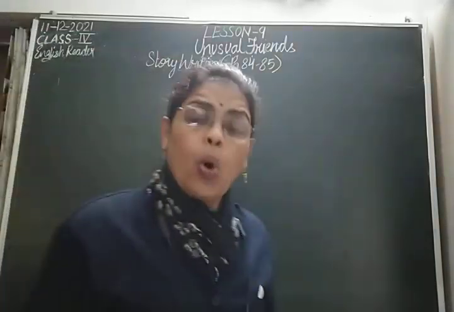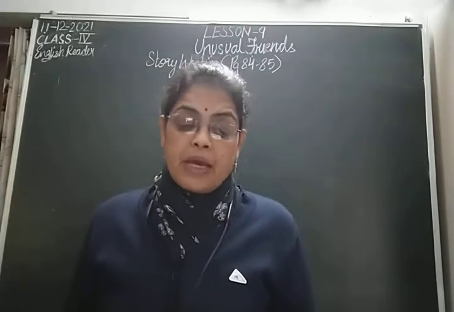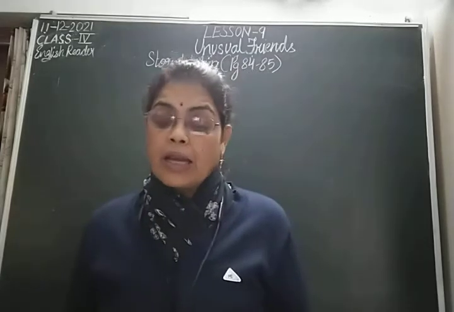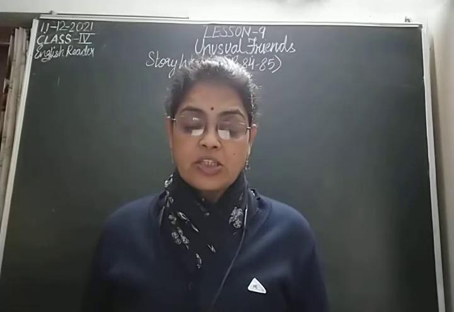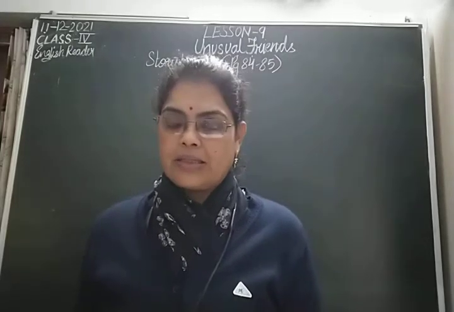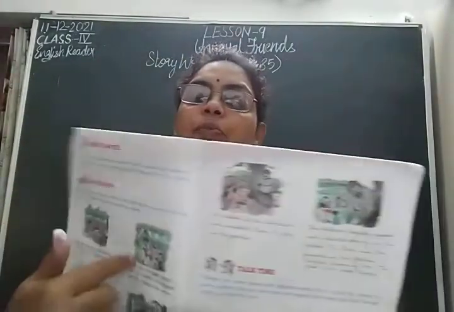Now children, all of you please turn to page 84. Be creative. Look at the pictures given below and complete the story in your own words. You may also add a suitable title and opening lines. Fine. Now all of you can see 6 pictures on page number 84 and 85. 6 pictures. 4 pictures 84 page में है and 2 pictures 85 में.